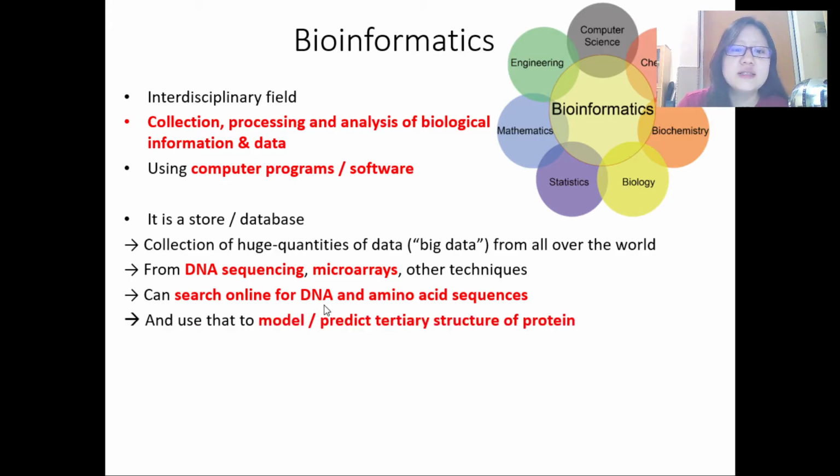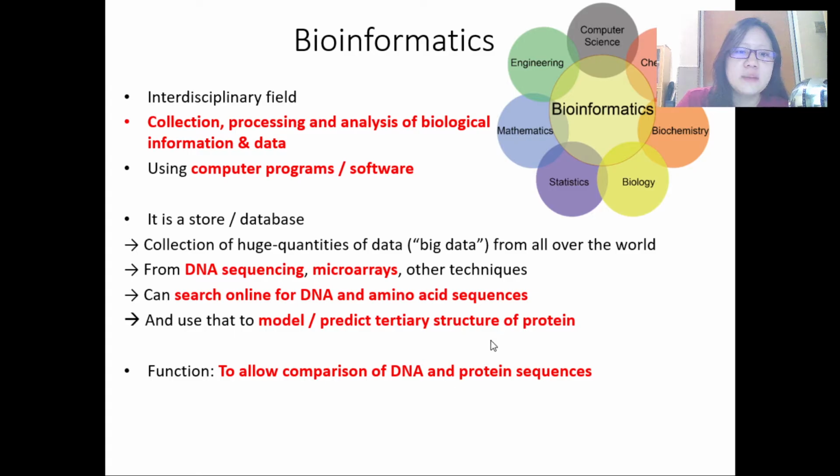So if we can take these DNA and amino acid sequences and compare them across maybe different species or different individuals, we can then model or predict the tertiary structure of the protein and therefore may be able to better understand what that protein does and how it functions, where it is found, and use that information to develop drugs, develop cures for diseases, or just understand more about our processes.